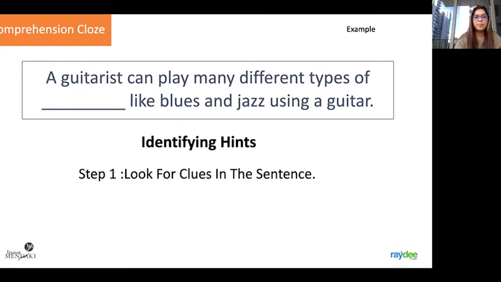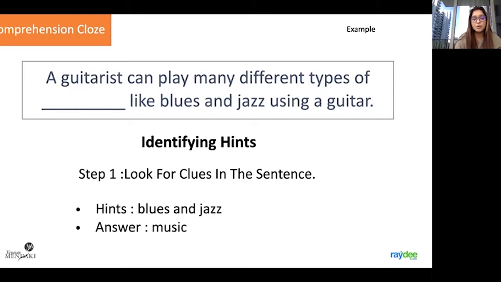The hints would be blues and jazz, because blues and jazz is a genre of music. So a guitarist can play many different types of music, like blues and jazz, using a guitar. And you also must emphasize to the students that the word like always introduces examples.